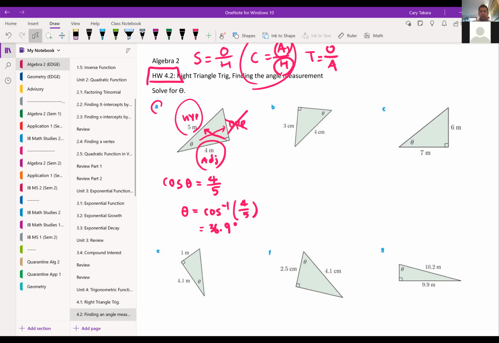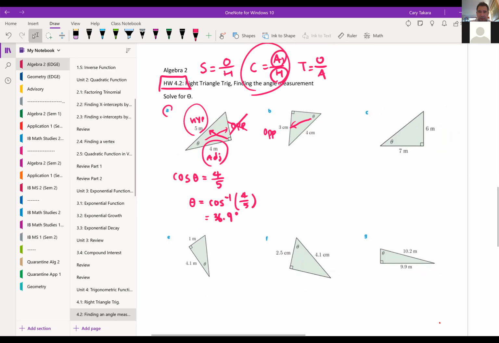All right, let's keep going. Opposite. Where are you guys? This is a hypotenuse. This is adjacent. There's nothing on adjacent. That's opposite and hypotenuse, that's a sine.